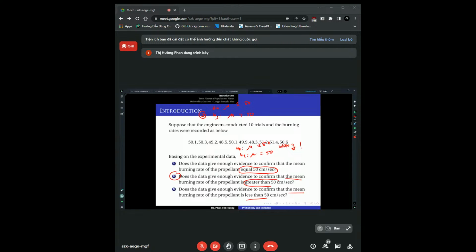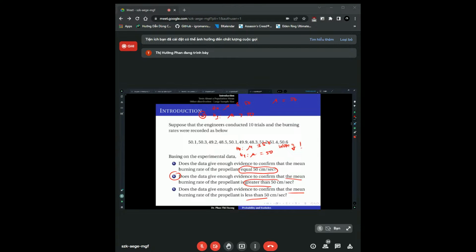But by convention, we assume that mu equals the constant, for example here mu 0. Even though mu can be less than or equal to 50, assuming H0 is true implies that we are assuming mu takes a single constant value, and then we use it for later calculations. It's just convention. Okay? It's just convention.